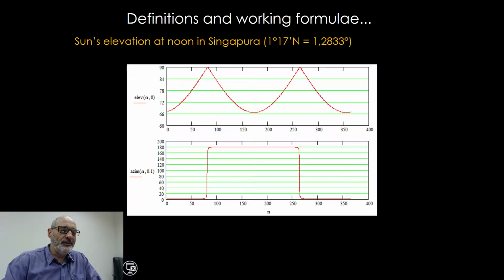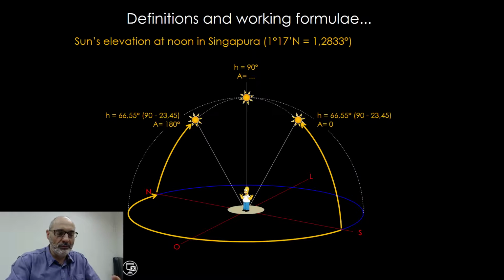These formulas allow us to calculate things like this. For instance, the sun's elevation at noon in a given place, Singapore, which is close to the equator. You see that the elevation at noon varies very little, from 66 to 90 degrees during the solstice, and at noon the azimuth is perfectly minus 90, plus 90, or 0, 180 degrees.